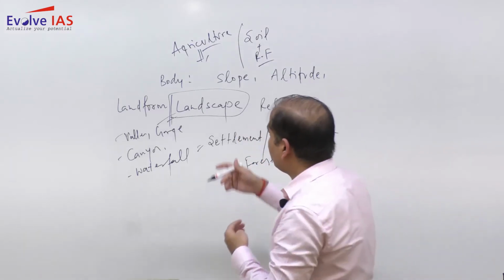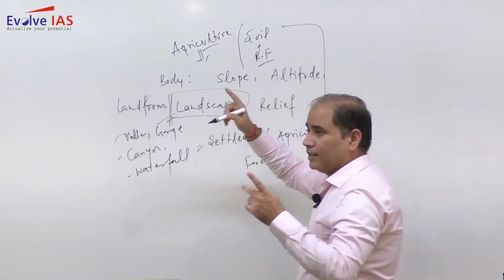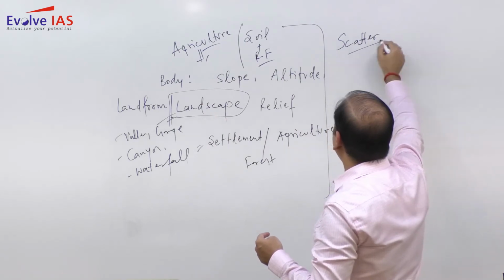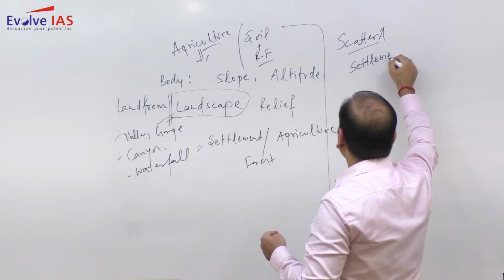That is why in mountainous areas you will find life is not that easy. So that is why you will always find a scattered population in the mountainous area. So scattered settlement will grow.